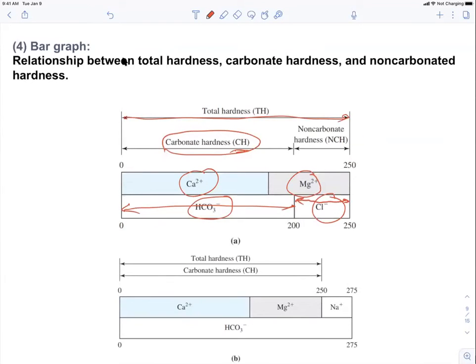And based on this plot, you can see that non-carbonate hardness basically corresponds to the concentration of the chloride ions, right? So we may also have this scenario where we have too much of these bicarbonate ions. Let's say in this situation, you have this amount of the bicarbonate ions, okay? But at the same time, the metal concentrations are relatively low.